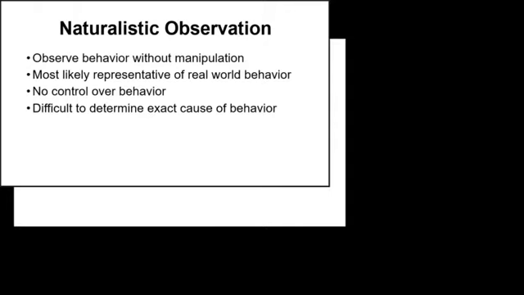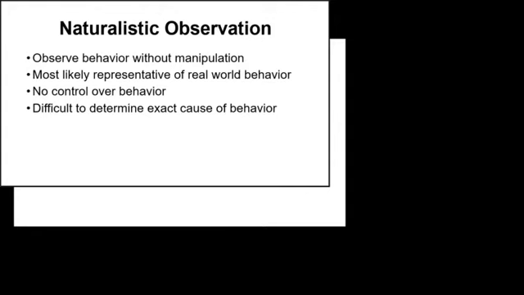Because we're not actually controlling or manipulating anything with naturalistic observation, we have this issue where we can't determine the cause of behavior. And this is going to be a running theme throughout our descriptive research, and that's because when you're not manipulating anything, when you're not manually changing something and conducting an experiment, then you can't be certain that you're getting the cause.